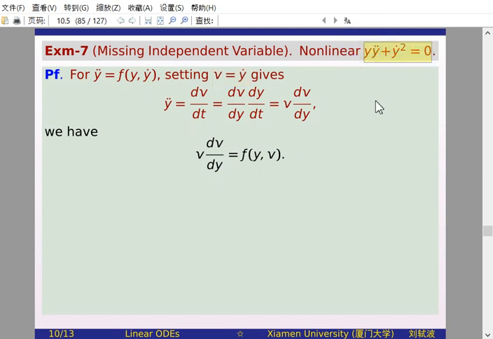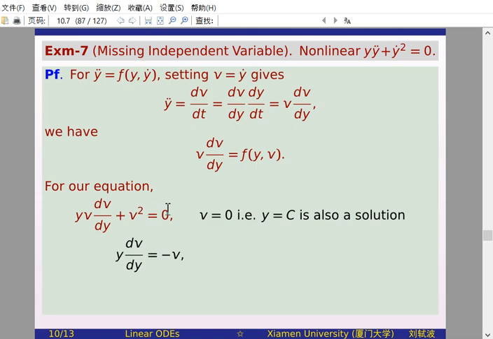Now we apply this idea to solve our equation here. For our equation, y double prime is v dv dy. Therefore, the left hand side is y v dv dy plus y prime square, that is v square, equals 0. Both terms on the left hand side contain v. We want to cancel this v, but when v is 0, you could not divide by v.